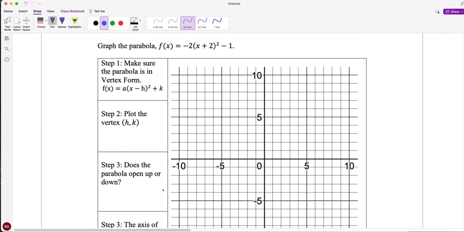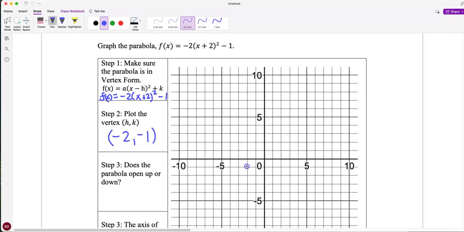Graph negative 2(x plus 2) squared minus 1. So it's in vertex form, f of x equals negative 2(x plus 2) squared minus 1. The vertex is negative 2, negative 1.